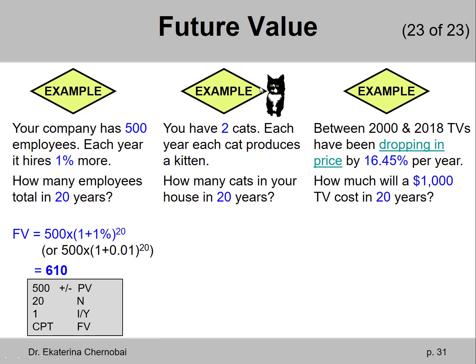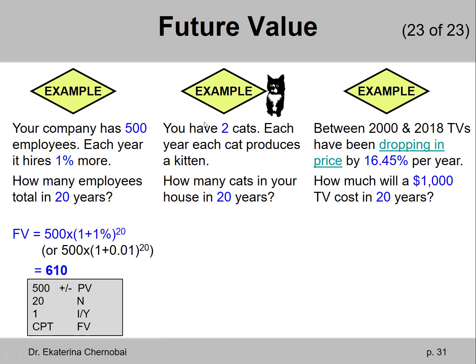Second example, let's say you love cats. You currently live in a teeny tiny apartment. You have 2 cats. Let's assume both cats are female and that each year they will be producing a kitten. And each kitten will also be producing a kitten every year starting the first year.